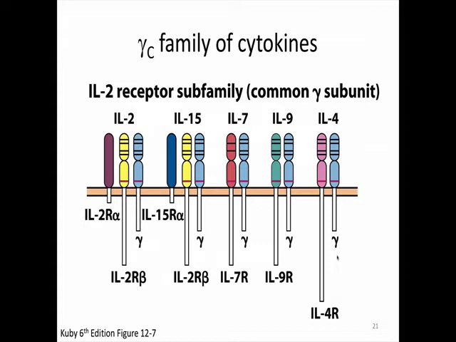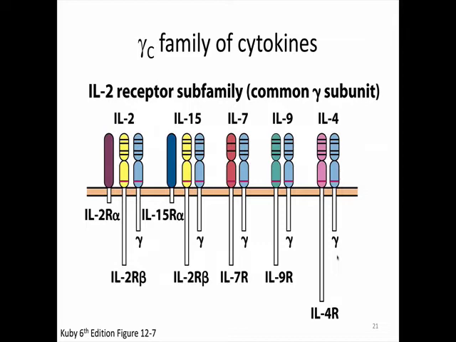So the IL-2 receptor uses the common gamma chain. The IL-2 receptor is a little bit unique from some of the others because it pairs 2 other chains with gamma instead of just one. So there's also the IL-2 receptor beta chain and the IL-2 receptor alpha chain.